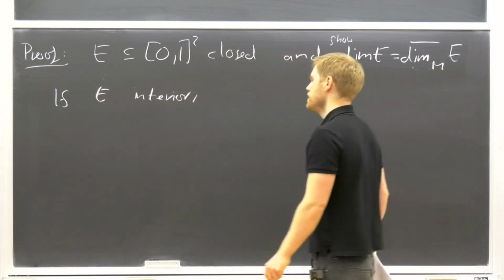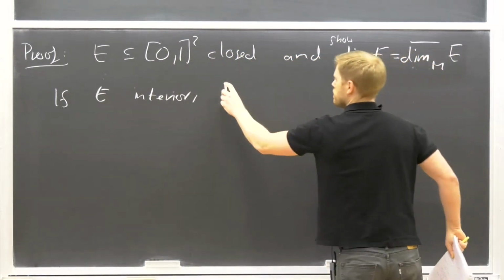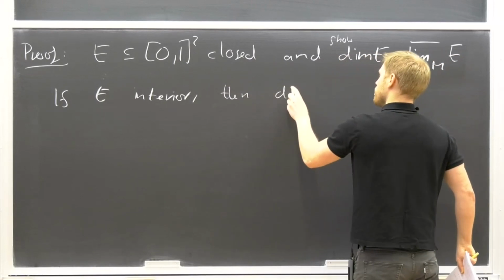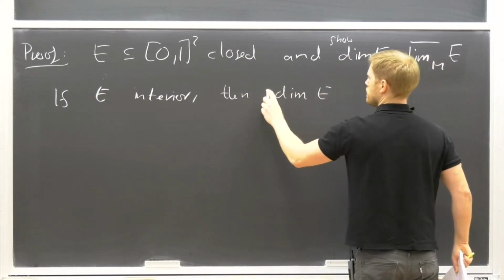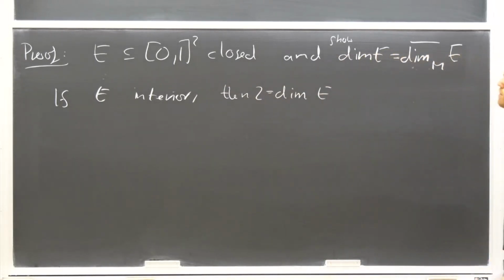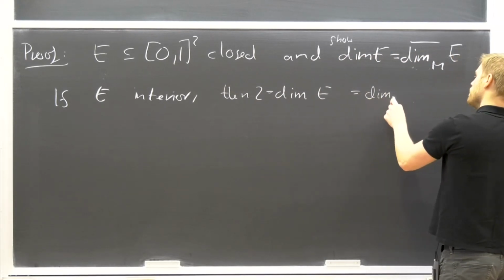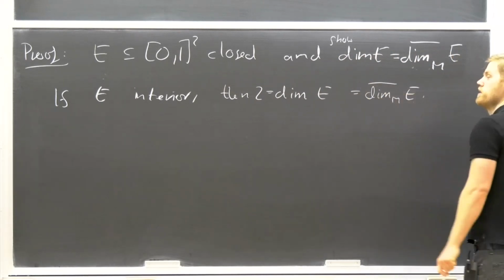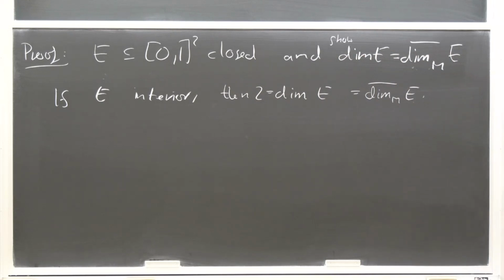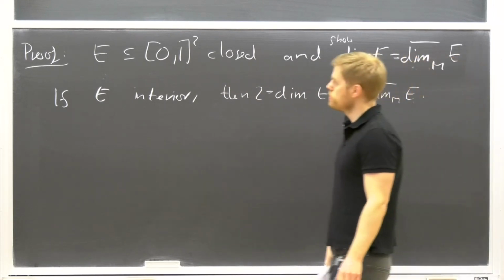So if E has interior, then the dimension of E is equal to 2. But you can check this, kind of an easy exercise in Minkowski dimension. If you have a set which has interior, then the upper Minkowski dimension is 2. Okay, so in the case that E has interior, this is easy. So now let's go to the other case.